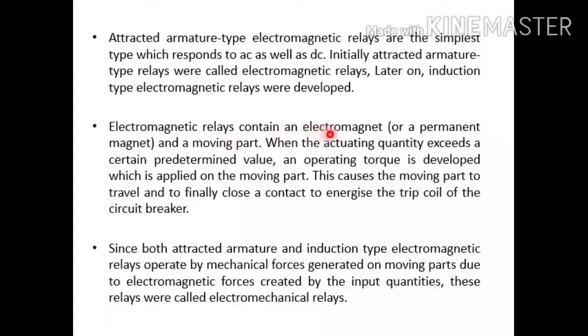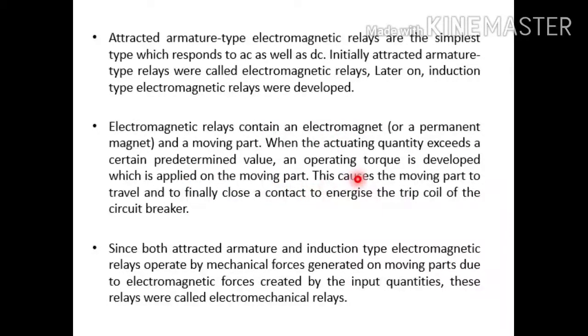So, the relay contains an electromagnet and a moving part. When the actuating quantity exceeds, so what do we mean by actuating quantity here? It is nothing but the preset value of the current. If the current exceeds a certain predetermined value, a torque is developed which is applied on the moving part.